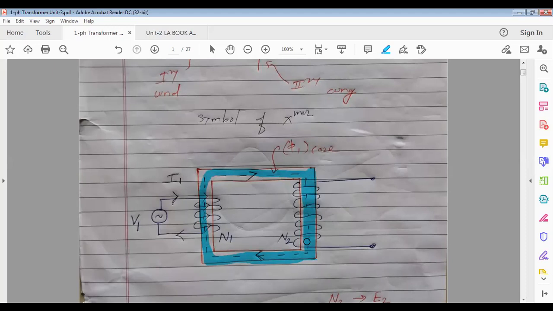Conductor is stationary, field is changing. What will happen? Eddy current will produce. EMF is induced. Very good. EMF gets induced where?